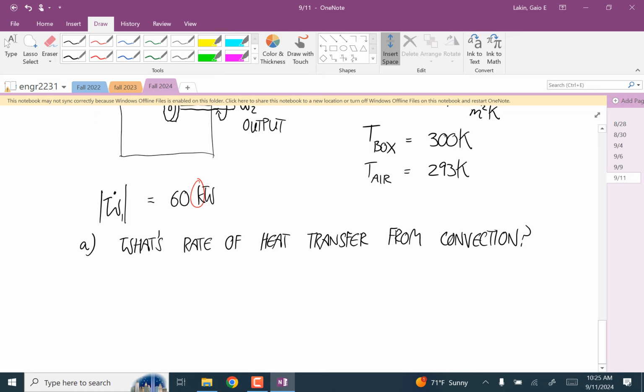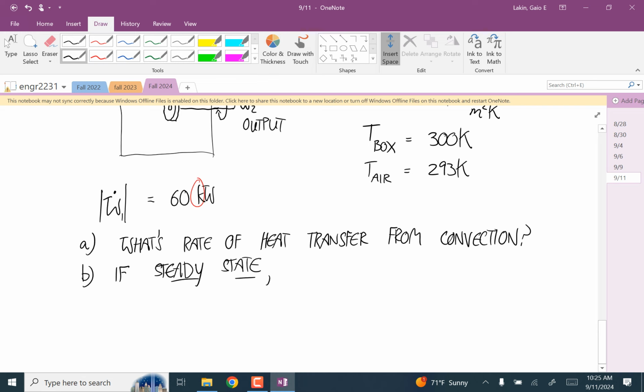And then second, if this is steady state, what's the rate of work output?